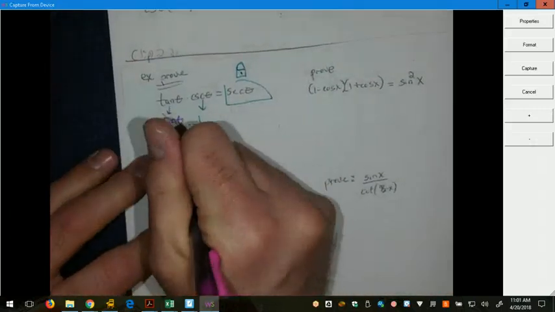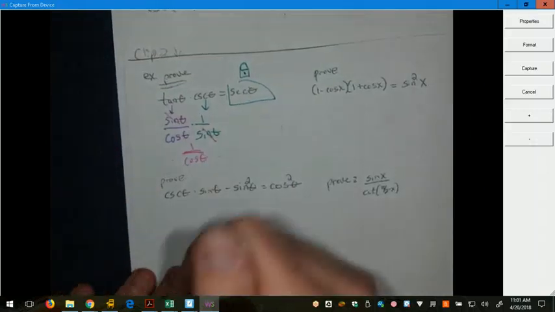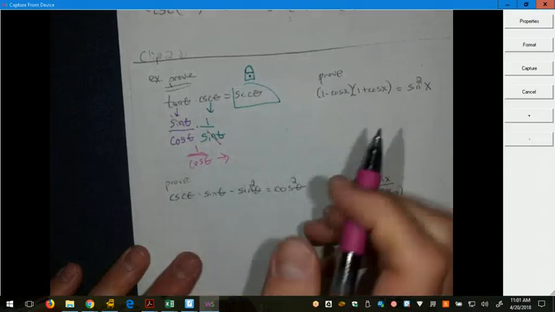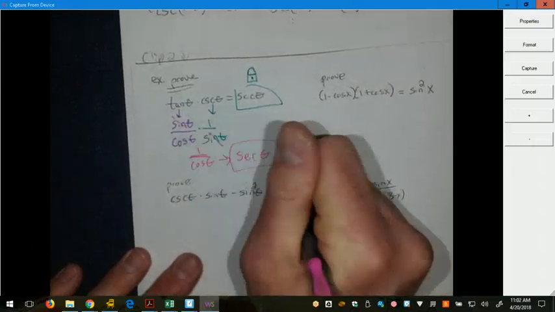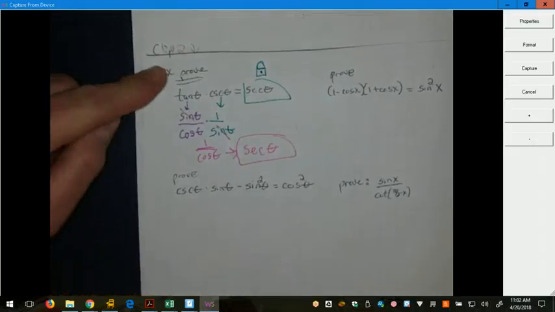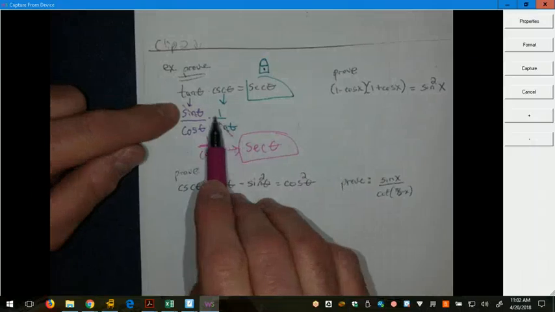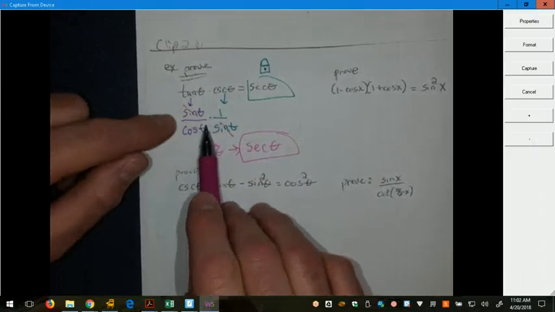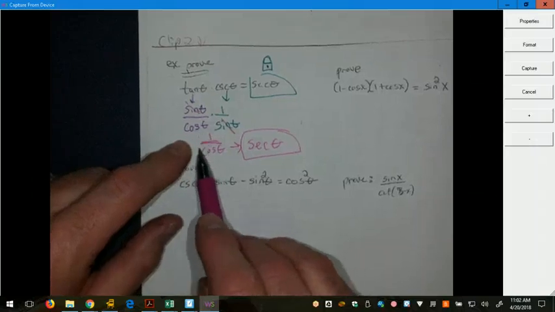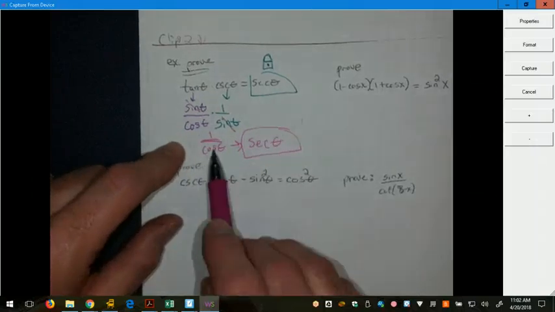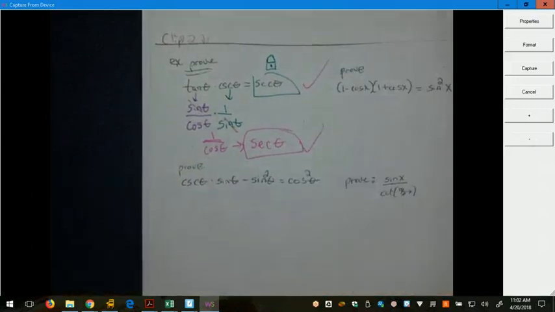This gives me a remaining ratio of 1 over cosine, which, if I use its reciprocal identity, is secant. So starting on one side, I said, well, what do I know about tangent? What do I know about cosecant? Can I do anything with those? Hey, it reduced. Great, that's helpful. 1 over cosine is the reciprocal of secant, so I wrote that, and then I now have that those two things are the same.